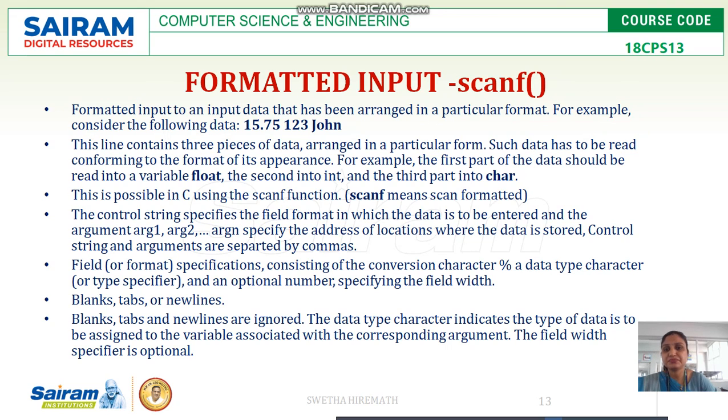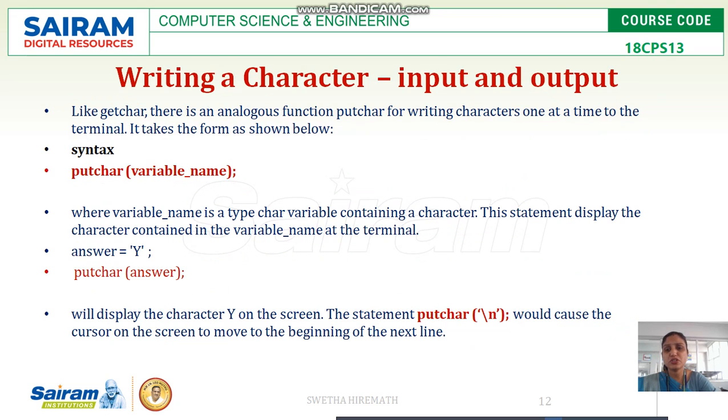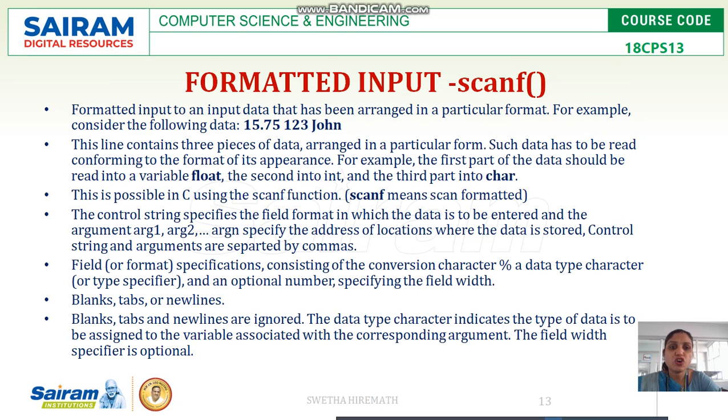These are the two different possibilities where we use the output function putChar. First, if you want to print any single character, we use this function, or else if you want to move the cursor to the next line, we use putChar followed by /n.